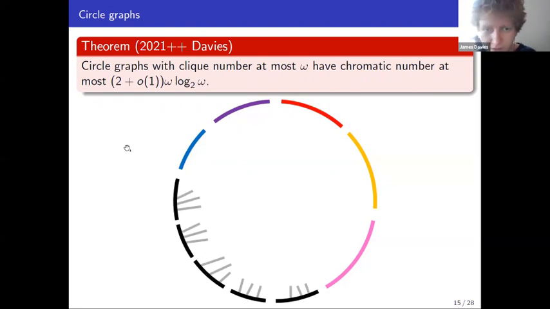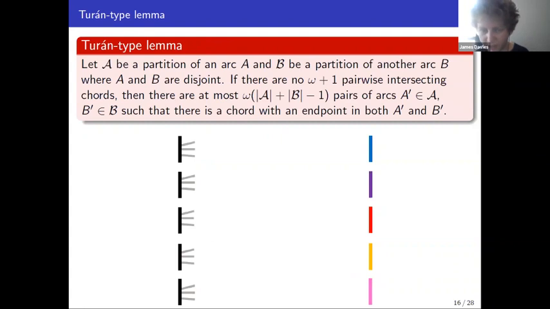Actually keeping some of the colors from the arcs of the pre-coloring comes in handy here, because we know we have these chords that have an endpoint in each of these arcs, 3 in each, say. So we can just redraw our thing like this. And because we have a lot of chords going to these different arcs, what we'd expect is that this should somehow create a large clique, right? So here we use a Turan-like result.